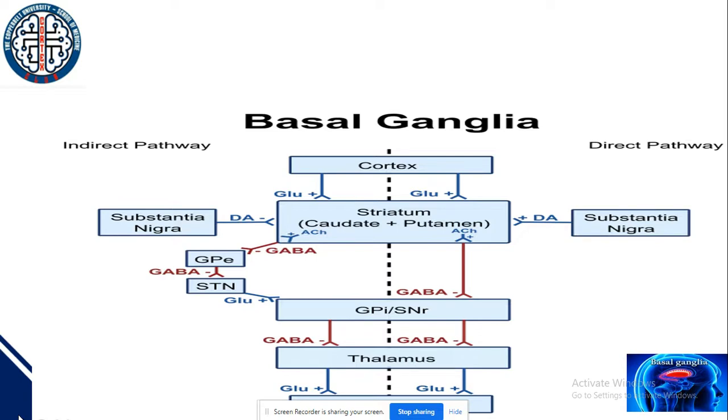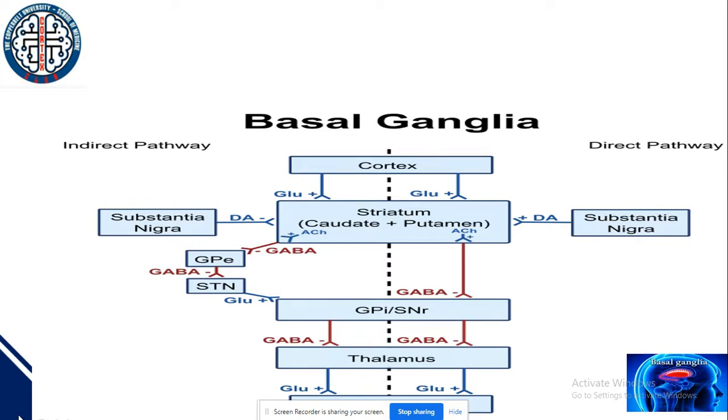Let's say this time around, it is going to produce less GABA because it has been inhibited by the previous GABA from the caudate. So once that happens, it means we're going to have less inhibition on the subthalamic nucleus.